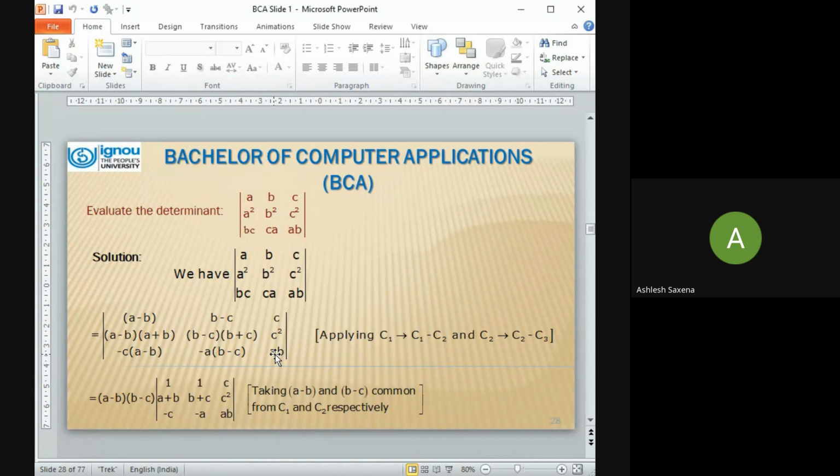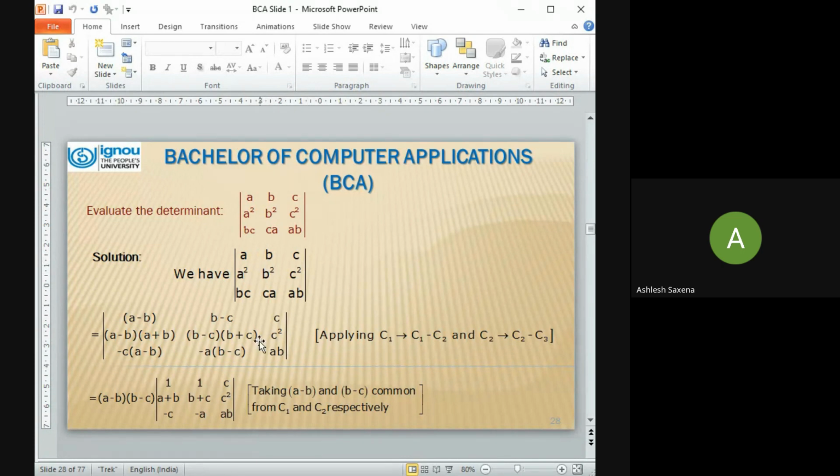Now what I'm doing, don't forget to write this line, because when you apply this, only then will you get this. This is compulsory, mandatory in writing before you get this. So I will be subtracting column 2 from column 1, C1 tends to C1 minus C2, and similarly C2 tends to C2 minus C3.